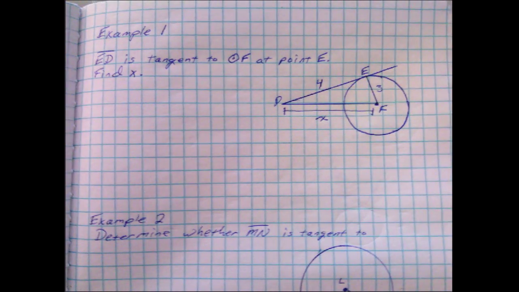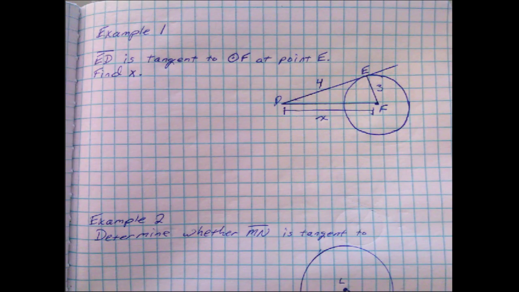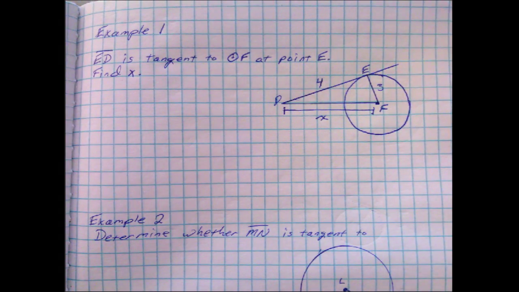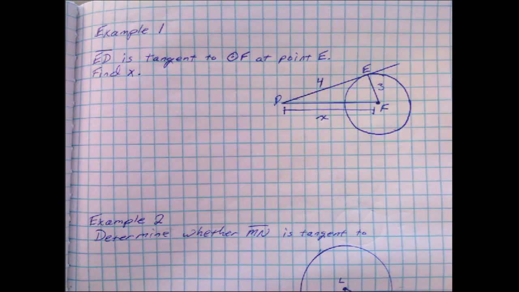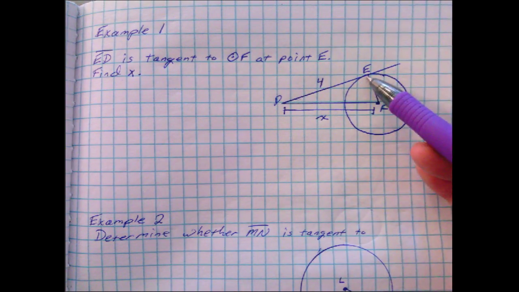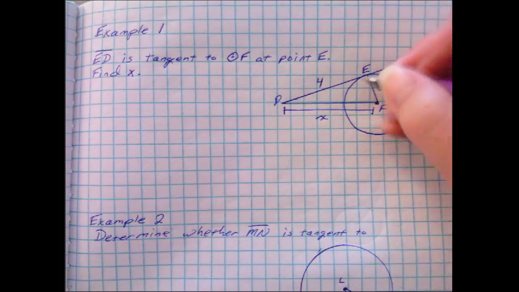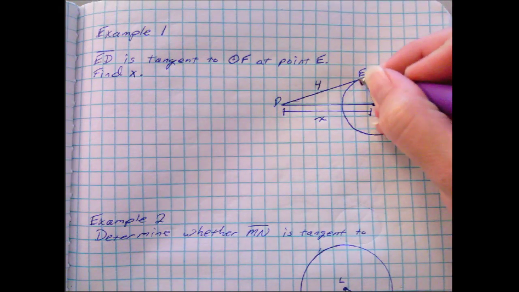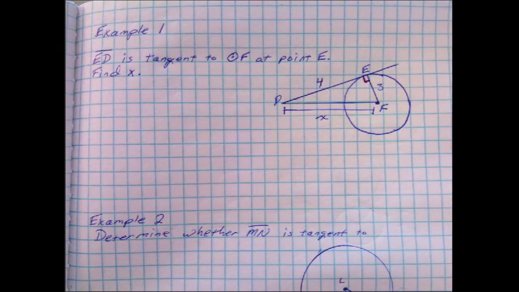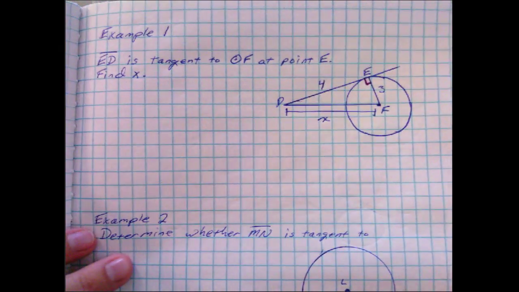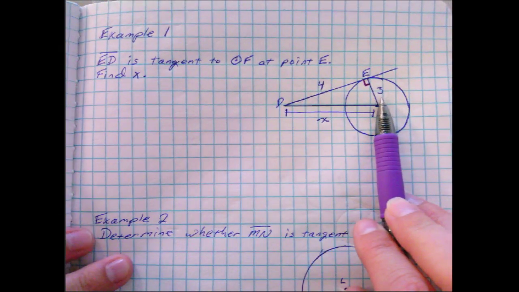Okay, so we're going to start with number 1 here. So we have a picture, and it says ED is tangent to circle F at point E. So if this line is tangent to this, then we can say that this is a right angle. So we have a right triangle, and we're trying to find x. We have two legs of our right triangle, so you can use the Pythagorean Theorem, or you can look for one of those Pythagorean triples.